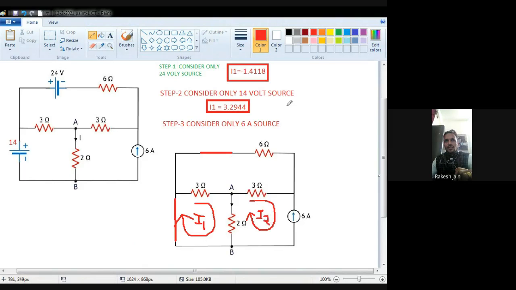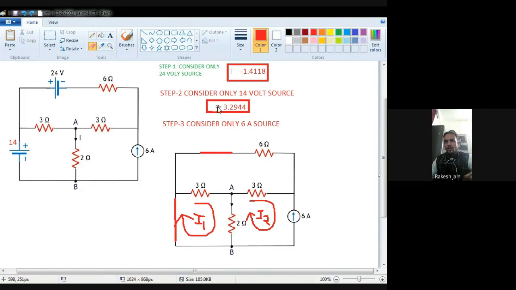So 5I1 equal to this. We move it to the right hand side and it will become 2.472. So what is I1?